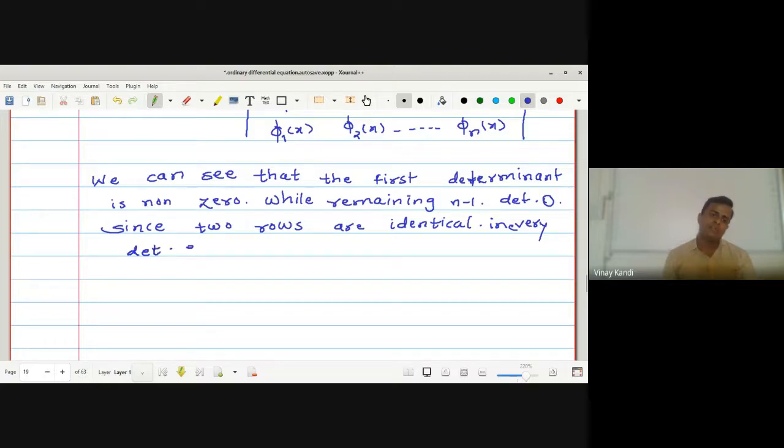Determinant except the first determinant.